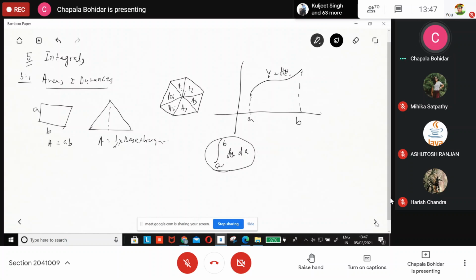Use rectangles to estimate the area under the parabola y is equal to x square from 0 to 1. What type of curve is it? It is an upward parabola, lying from 0 to 1.